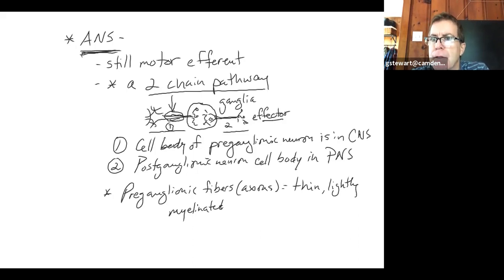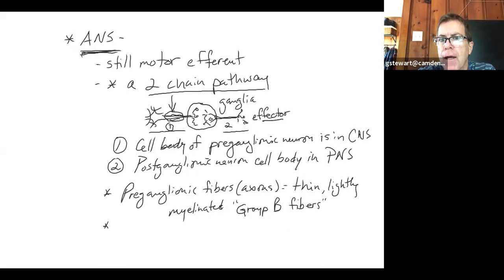That would make these group B fibers that we learned a long time ago. Thin and lightly myelinated. Remember, they conduct impulses about 20 to 30 miles per hour. About 30 miles per hour.